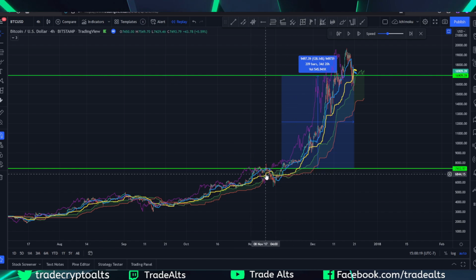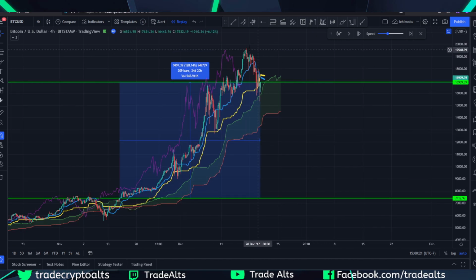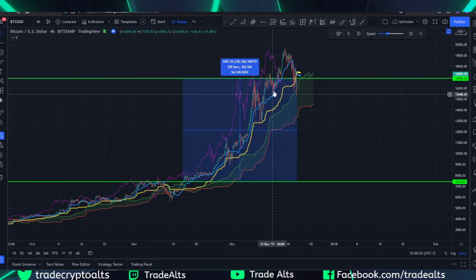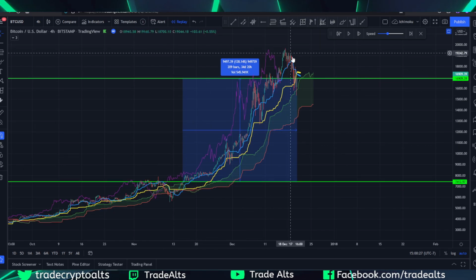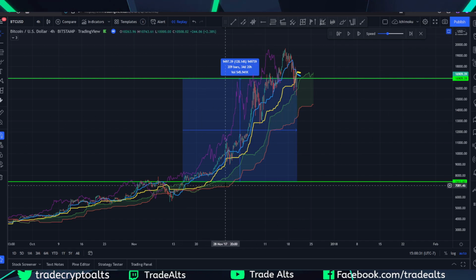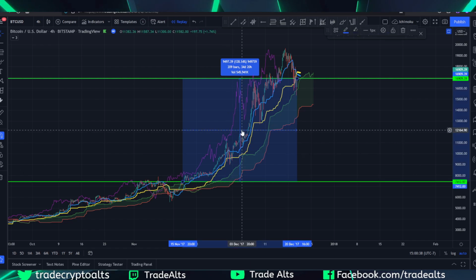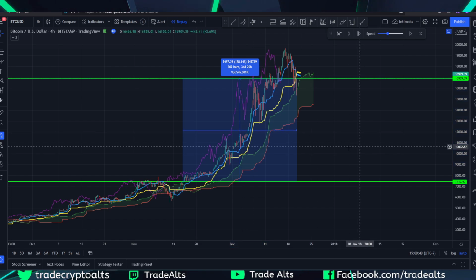Did you capture the bottom? No. Did you exit the top perfectly? No, you're not going to, but you caught a very substantial portion of this move up. And that's all you're trying to do when it comes to Ichimoku. If you can capture this much of a trend, you're going to do pretty well more often than not. So that is really what we're focusing on.